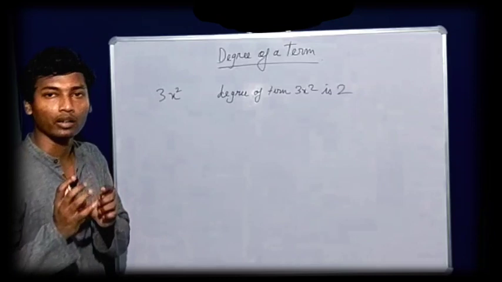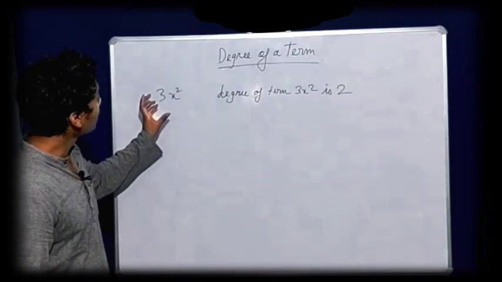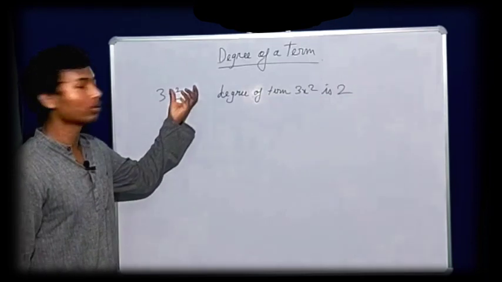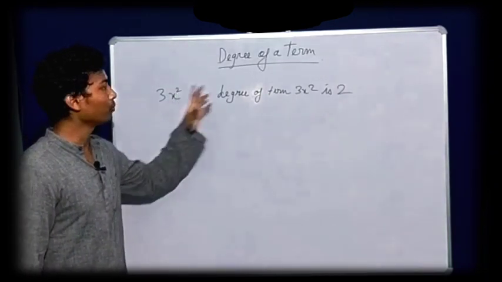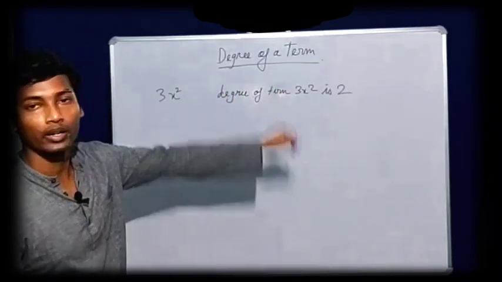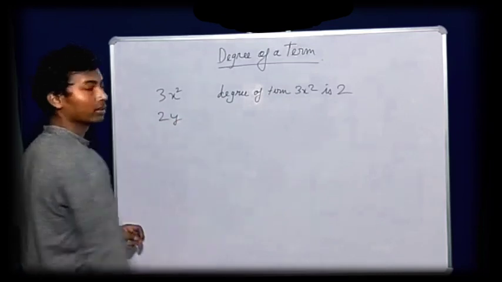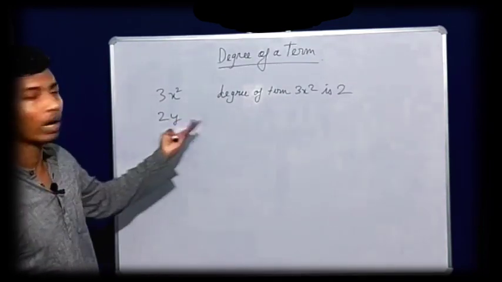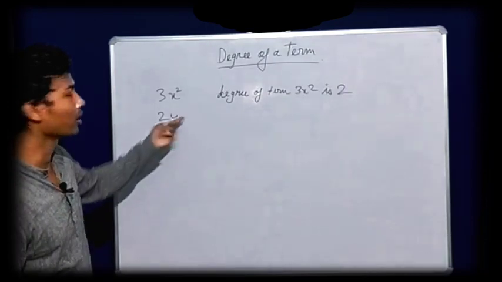What does that mean? We have to look at the variable part and find the power of the variable. So here we have 2, means the degree of term 3x square is 2. If we had 2y, then the degree of this term will be 1, because y is to the power 1. There is nothing means 1, right?